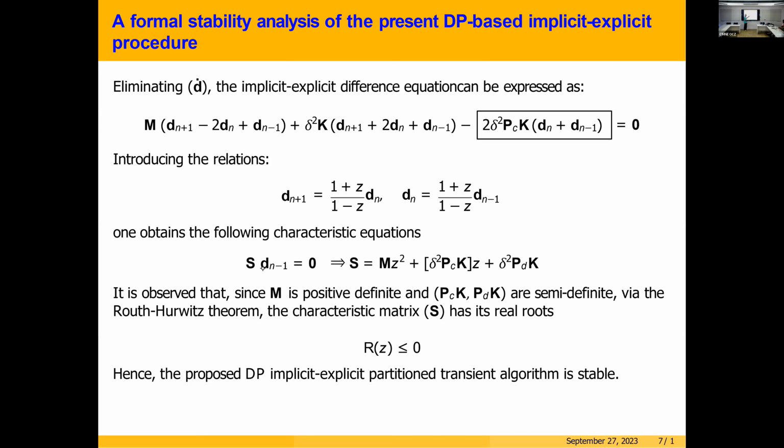Therefore, S has the eigenvalue in G, which is less than 0, which means they are all mapping on the left-hand plane, which means lambda is equal to 1 or less than 1. So therefore, the implicit-explicit transient algorithm that I described is unconditionally stable.